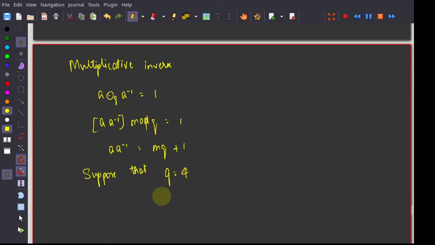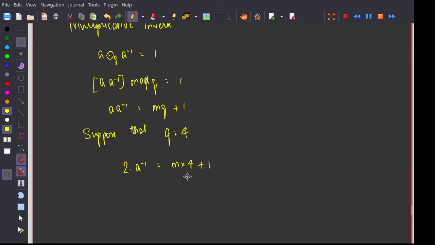So I'm taking Z4, and within that I want to know if 2 has a multiplicative inverse or not. So basically I want to find 2 times A inverse equal to M times 4 plus 1. Correct? So I want to find some integer A inverse and some integer M such that this happens.